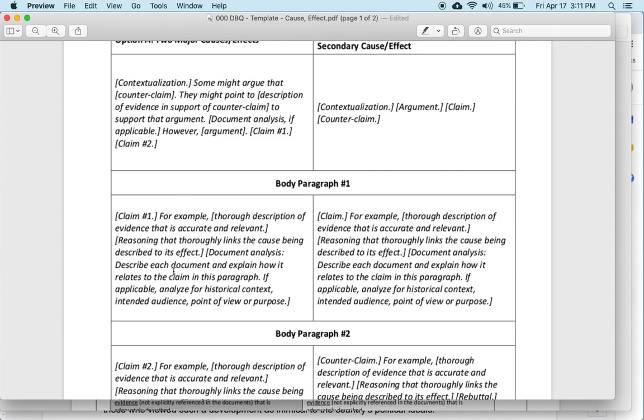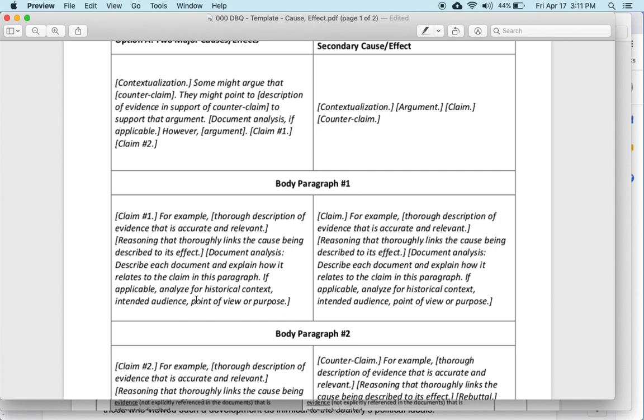For each document that you use, and remember you have to use 6 of the 7 documents somewhere in your essay, you need to A, describe the document, so a sentence or a clause in which you summarize what is going on in that document, and B, explain why you're talking about that document in this particular paragraph, in this particular context of your essay. How does it relate to the argument you're making in that section of the essay?